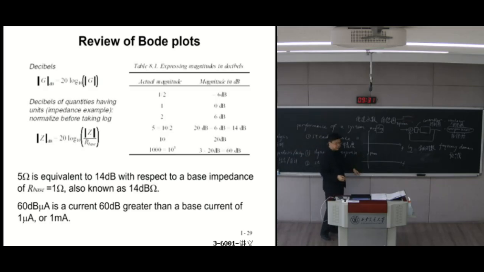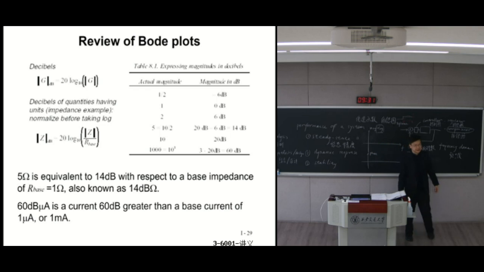And then the phase angle of a transfer function is also plotted with frequency on the horizontal axis, but the vertical axis is not in log scale. It's still a linear scale, but in degrees.